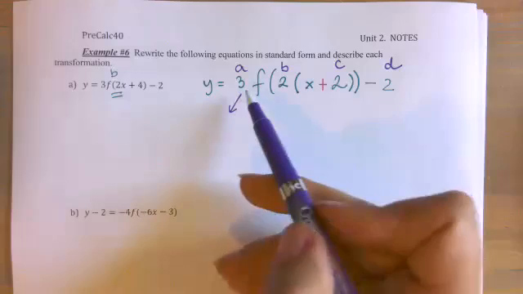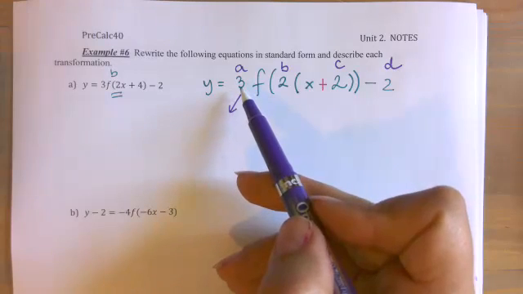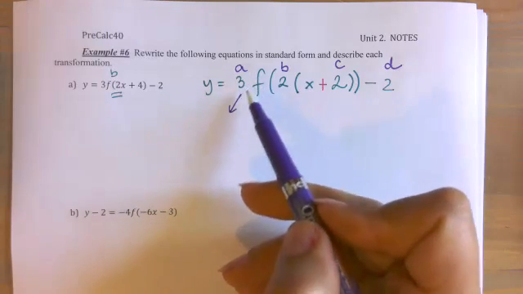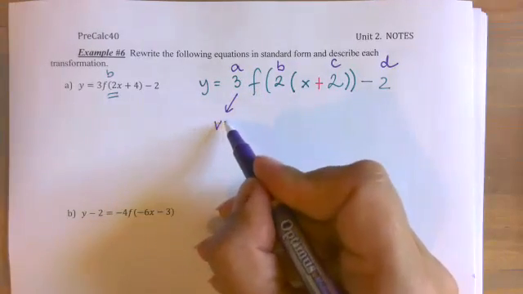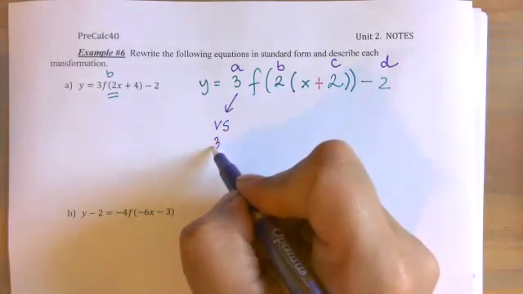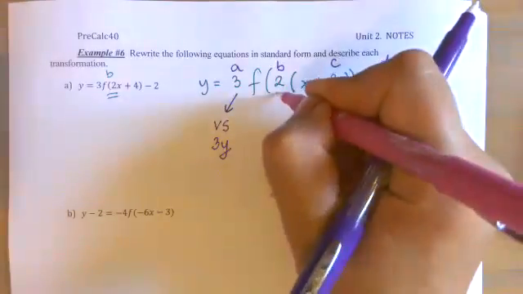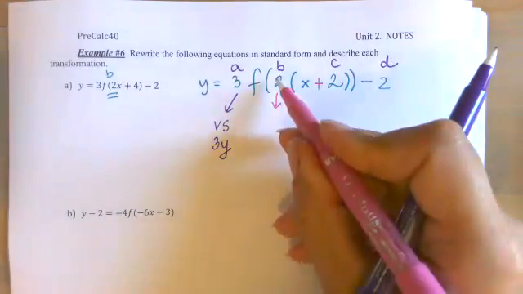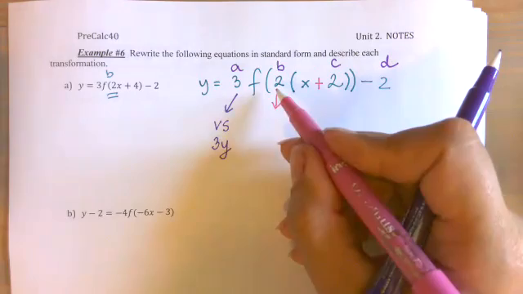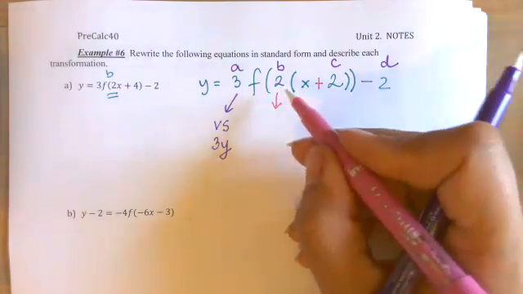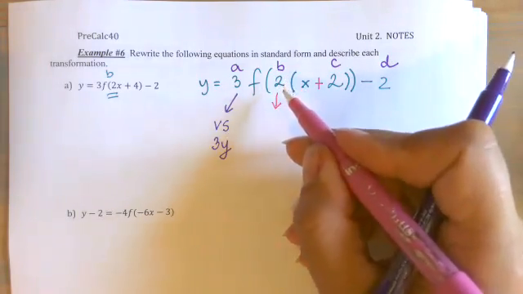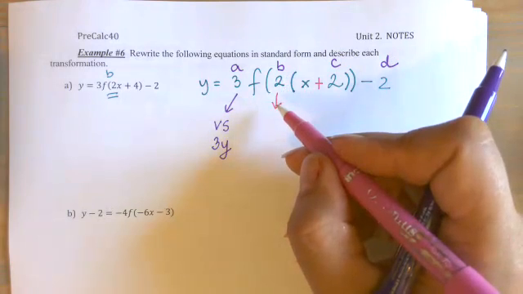So for A, if it's positive, we don't have a vertical reflection. If it's a number bigger than 1, we have a vertical stretch by a factor of whatever number you have there. This one is 3. The B parameter, if it's negative, you have a horizontal reflection. This one is not. If you have a number different than 1, you either have a horizontal stretch or compression.